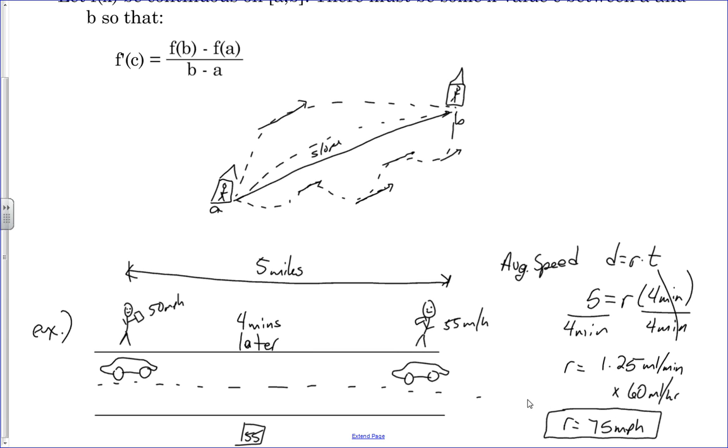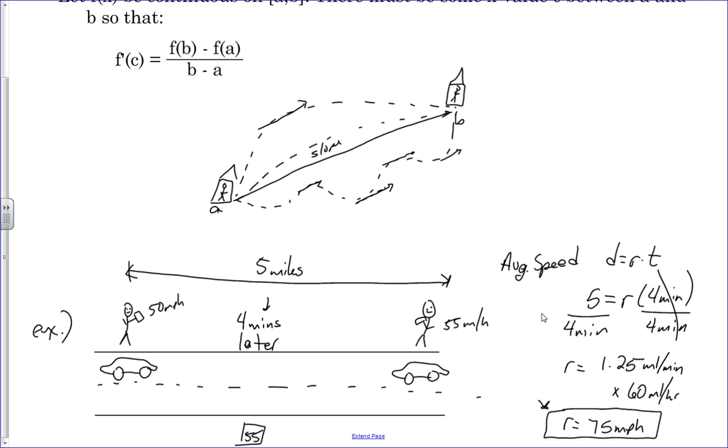So he would have to average 75 miles an hour between the two cops in order to get to the second one 4 minutes later. Therefore, we just proved that at some point, pretty much every point between here, he exceeded the 55 mile an hour speed limit.